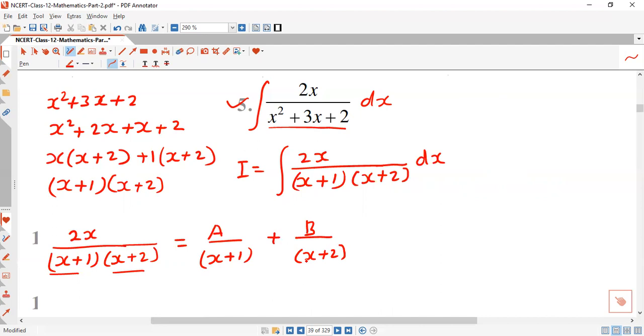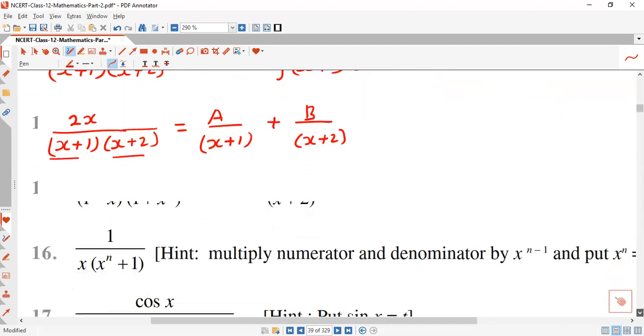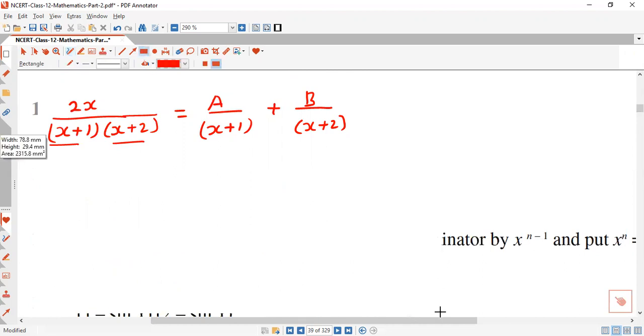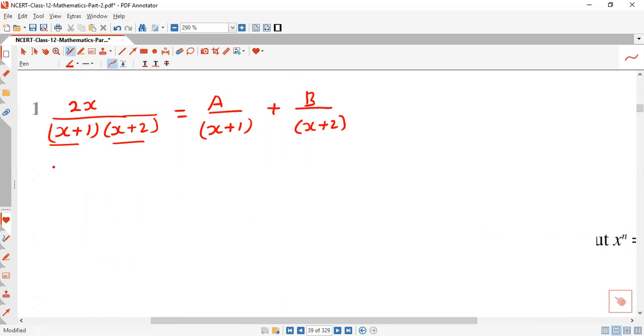Now multiply the equation on both sides by x plus 1, x plus 2, the whole equation.